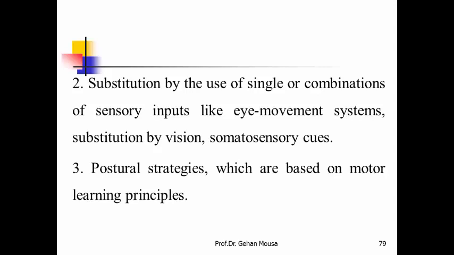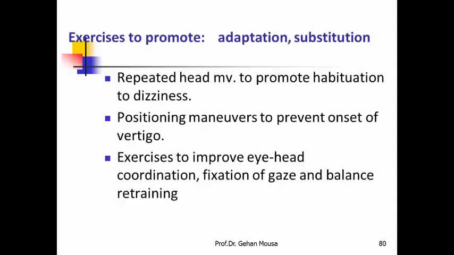The second theory is substitution by the use of single or combination of sensory input, like the eye movement system, by using vision and somatosensory tools. Postural strategies are based on motor learning processes.